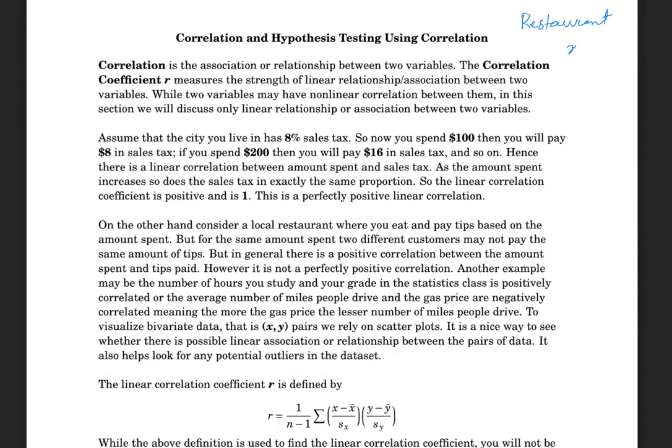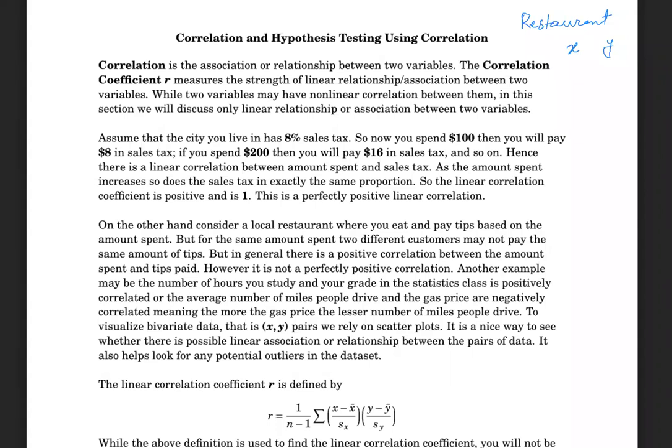So let's say X represents the amount of money you spend, and Y represents the amount of tip you gave. Unlike the last example where you got paid hourly, and every extra hour you work, you got $15, that relationship was a very strong relationship.